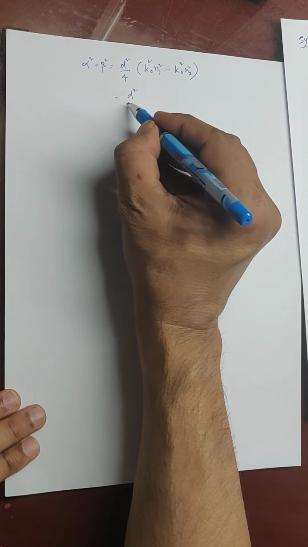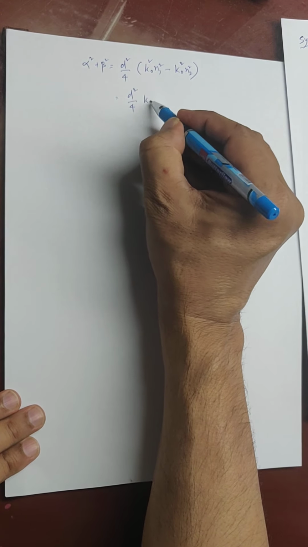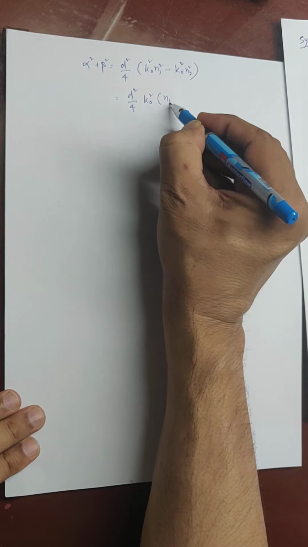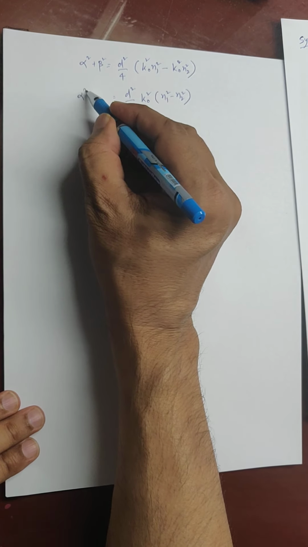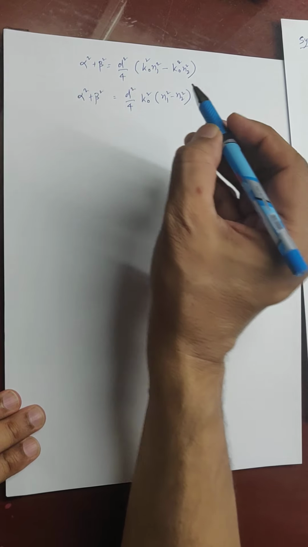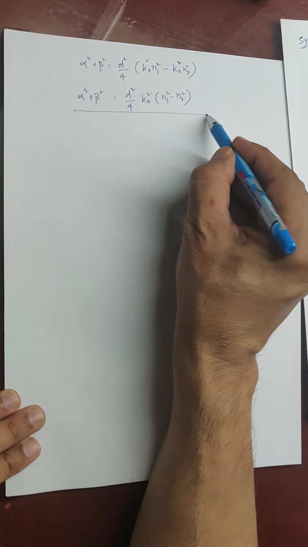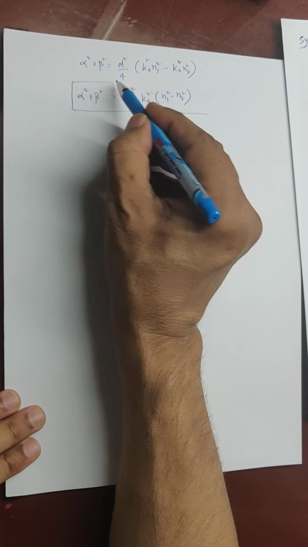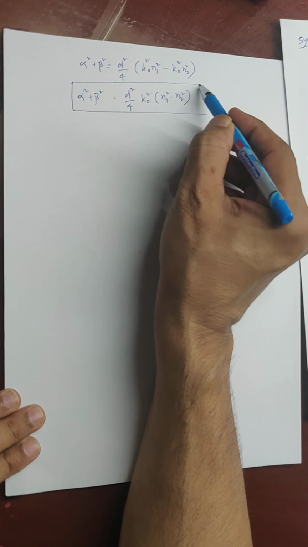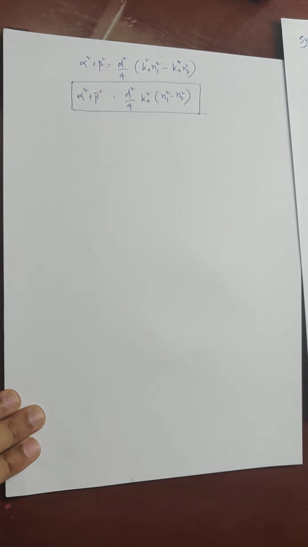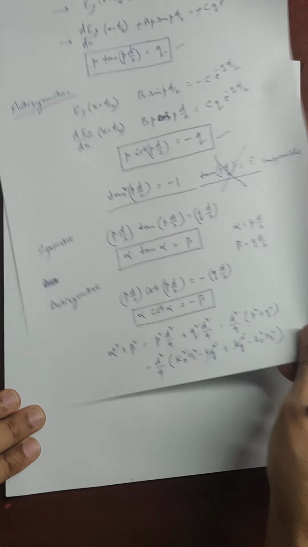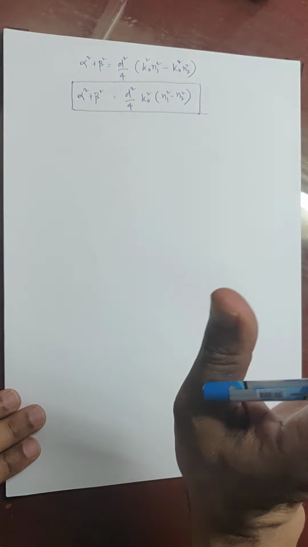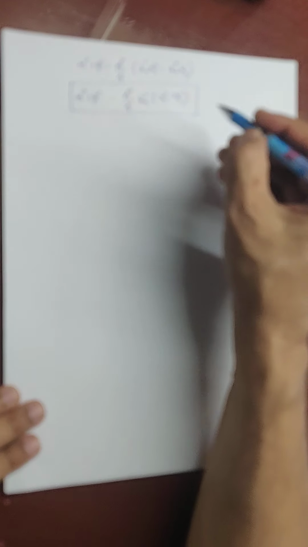So d square by 4, you can take even k naught square out, so n1 square minus n2 square. So this is our alpha square plus beta square. This would be true always because we have taken alpha square and beta square according to the definition.